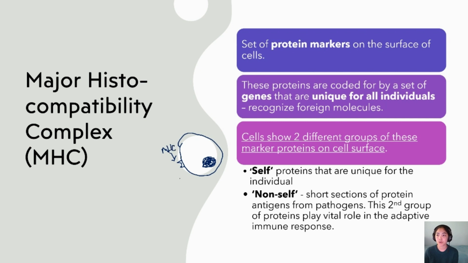These are protein markers on the surface of our cells. They code for a very specific set of genes that are unique for all individuals, and they help us recognize foreign molecules.